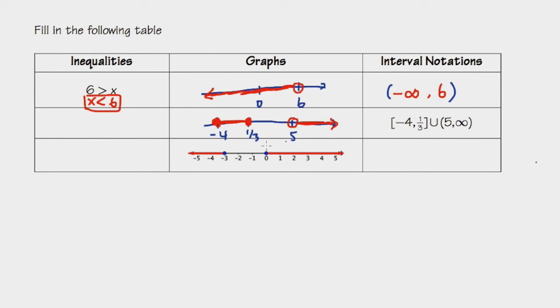Well, how can we change this to an inequality? Let's look at the first one first. As we can see, we have a left endpoint and a right endpoint, so we will have x in between. So let's put the x in the middle, and then we will have the -4 right here, and a positive 1/3, like this. Because these are closed circles, we'll use the symbol less than or equal to, less than or equal to.